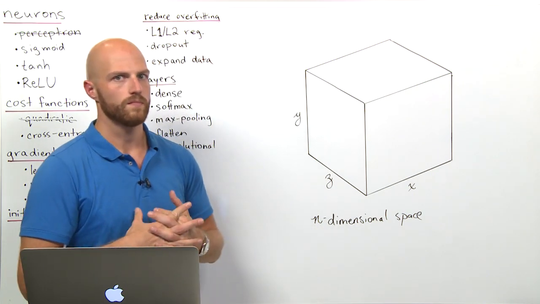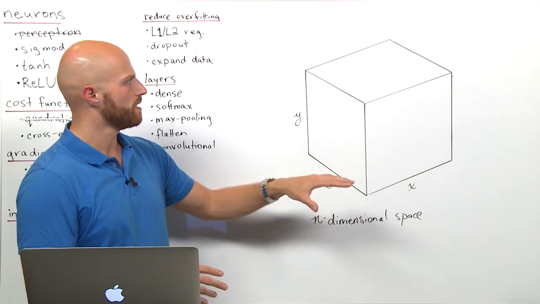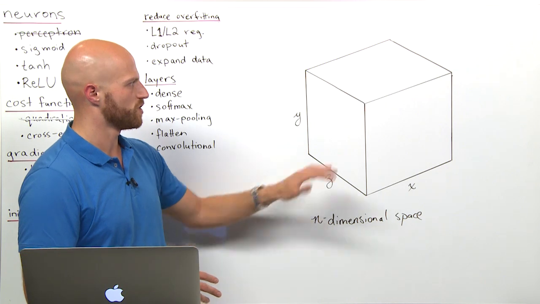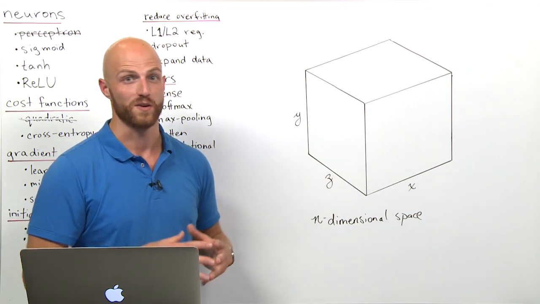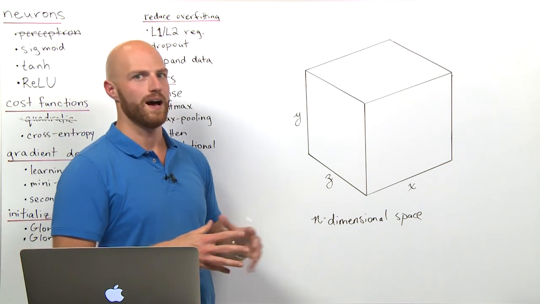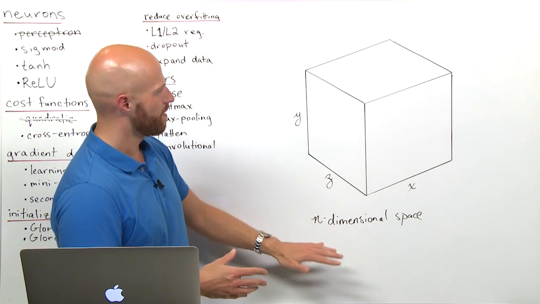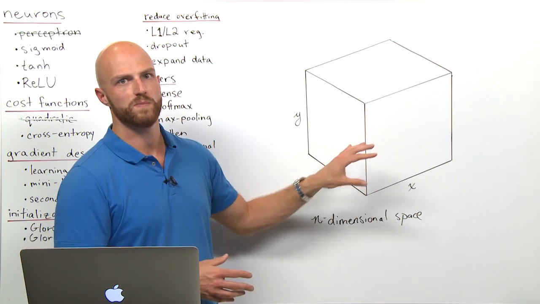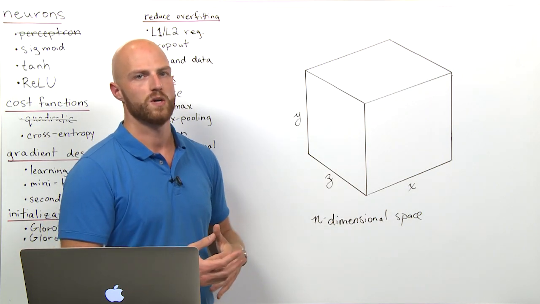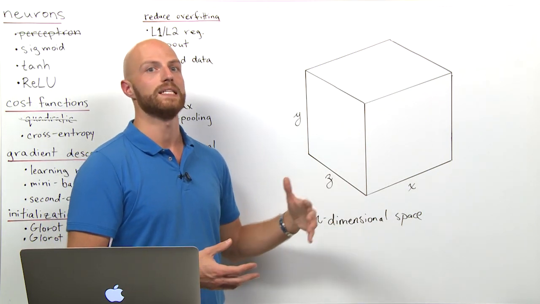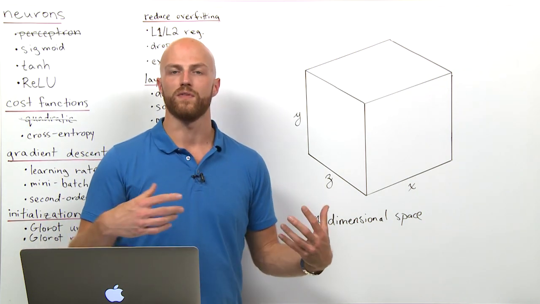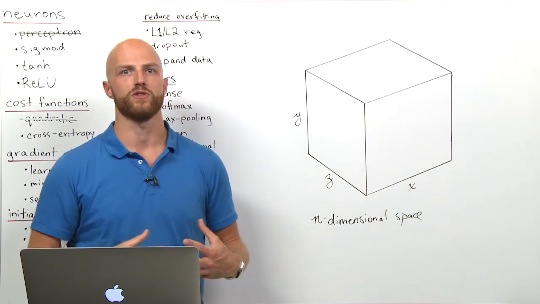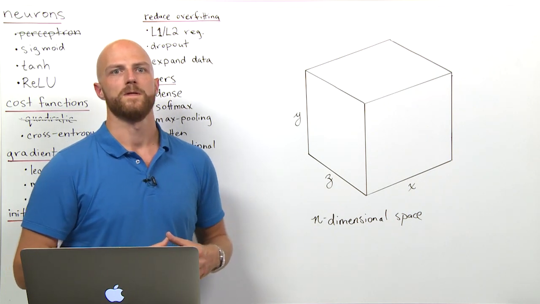So in our 3D cube here, which I always draw when I'm explaining word vectors or n-dimensional space, in the vector spaces that we'll be building, we'll typically have at least 25 dimensions, typically more like 256 or 300 or 512 dimensions.